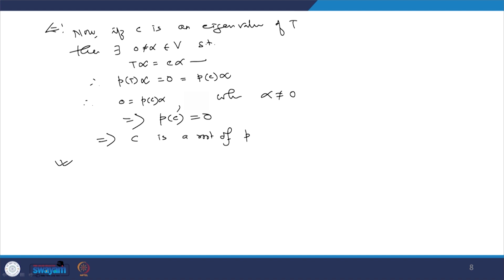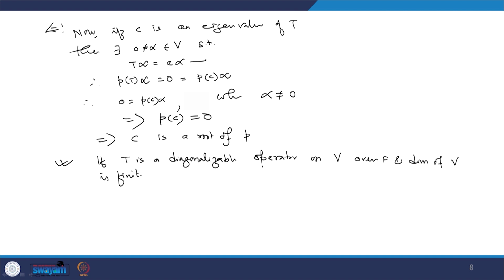Another interesting result: let T be a diagonalizable operator on V over a field F and the dimension of V is finite.